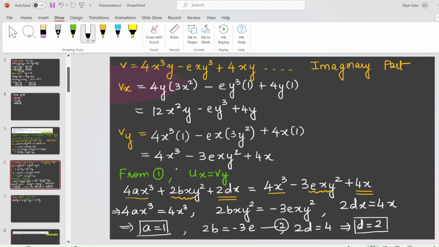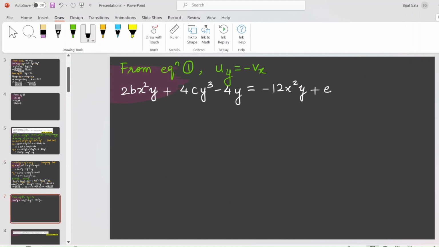The e term will become positive, so plus ey cube and negative 4y. Again, let's compare x square y term, y cube term, and y term.